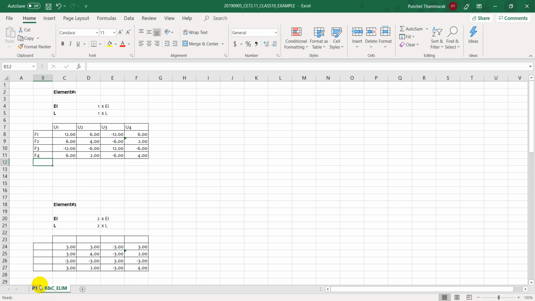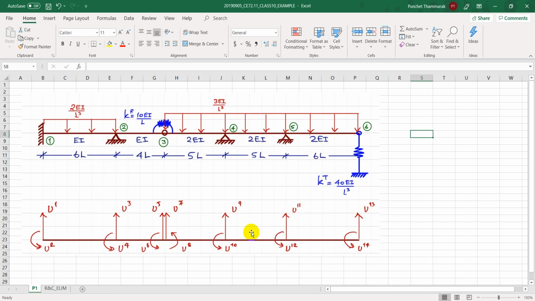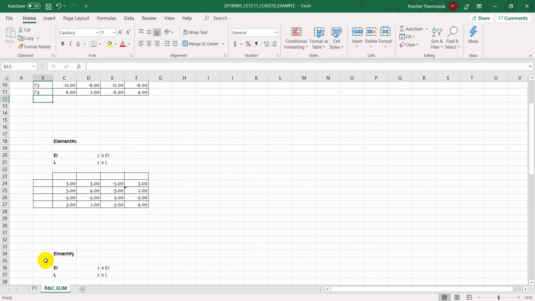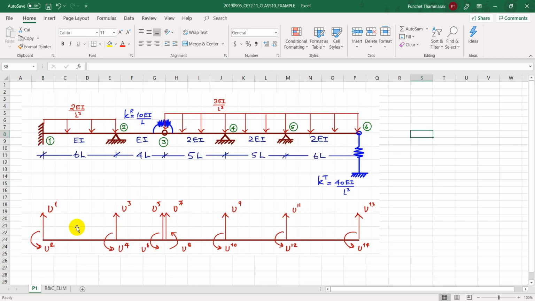In total, we have 14 degrees of freedom. U5 and U7 might be grouped, and that depends. I can just do both. So I will show you how to handle the degrees of freedom and how you can set it up and treat it. Now element number 2.